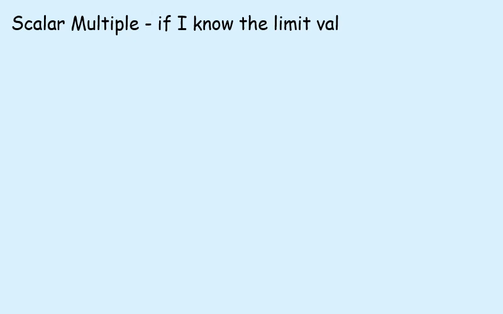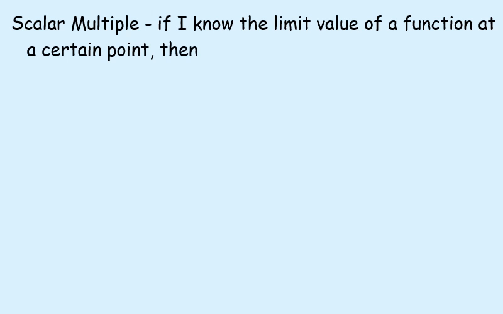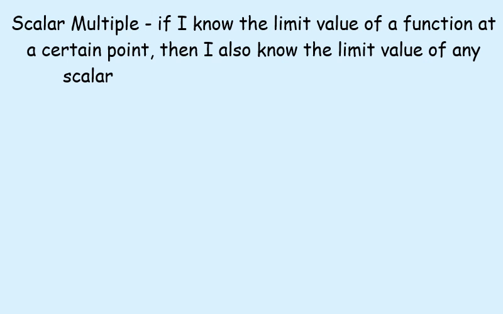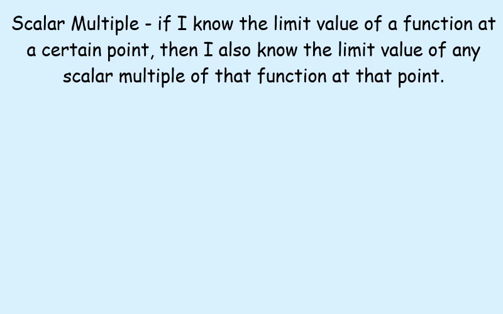So the scalar multiple property says that if I know the limit value of a function at a certain point, I also know the limit value of any scalar multiple of that function at that point. So if I take the limit of x squared as x goes to 5, that should give me 25.